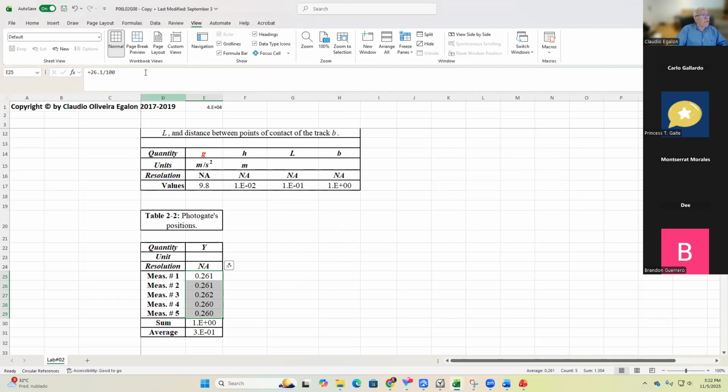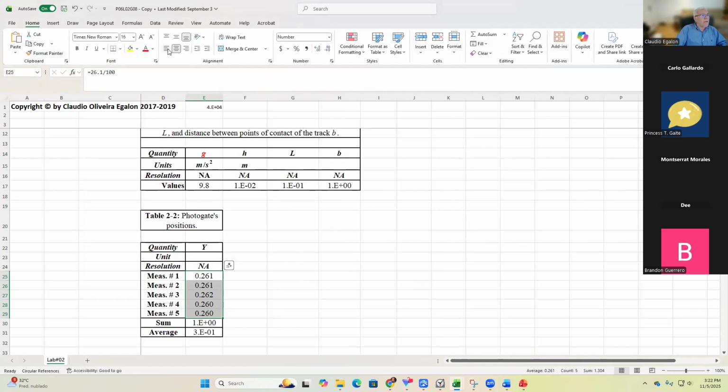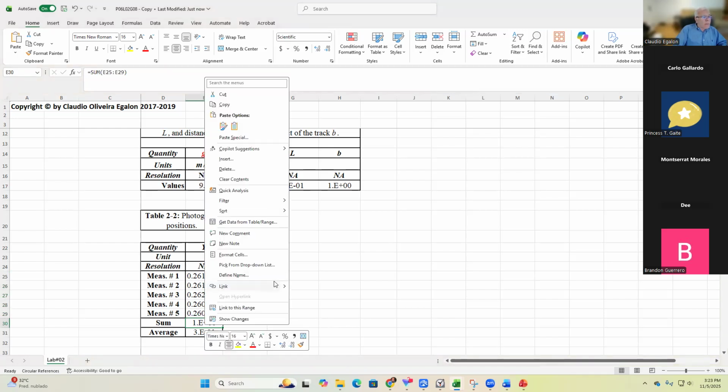I'm going to left justify these measurements because I want to keep track of my significant figures. We have to take the average of all those 5 values for Y. Y is the position of the photo gate. Remember that? To take the average, first we sum all those measurements.